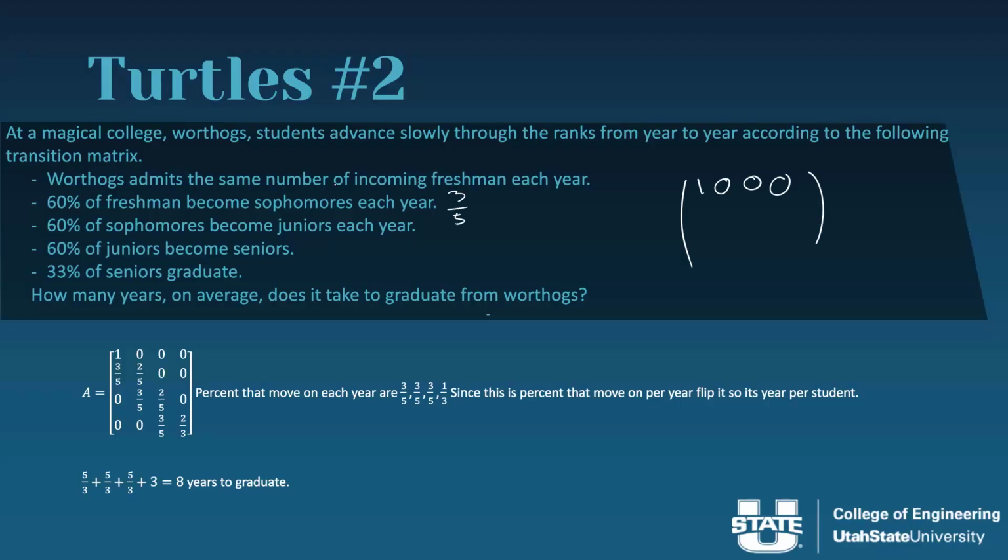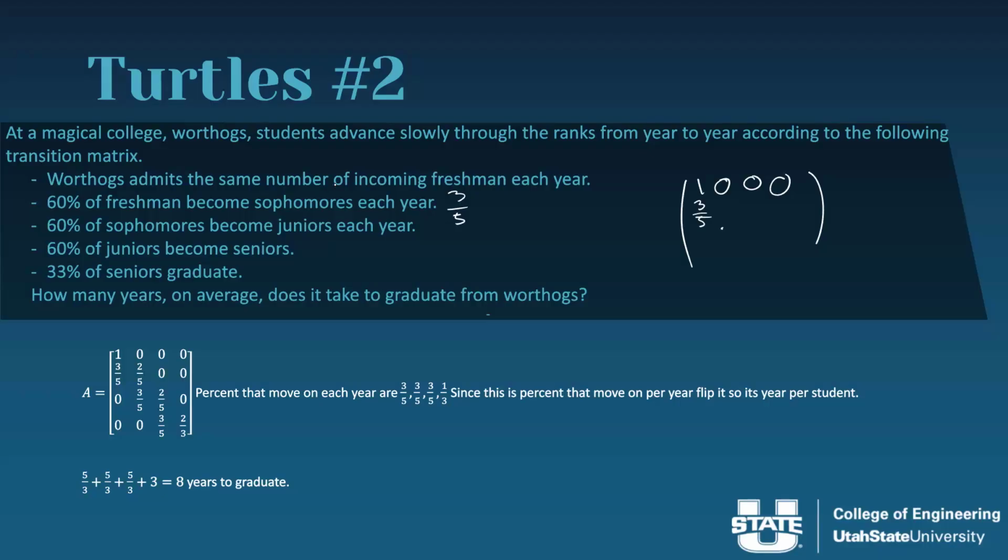So if 60% of freshmen become sophomores, where am I going to put that 3/5 without looking at it? We're going to put it right here, right? Because this is the intersection between my freshmen and my sophomores. Freshman column, sophomore row. And then 3/5 of sophomores become juniors too, right?